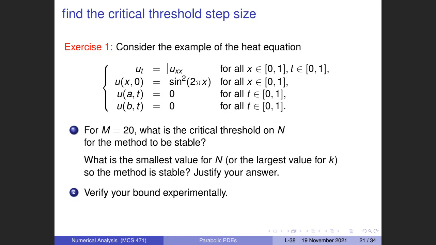We have given the M, and then the question is, based on M, you can formulate what is the H for the interval 0 to 1, and what is the K, which is 1 over N. So what is the threshold on K or on N so that the sigma is less than 1/2?